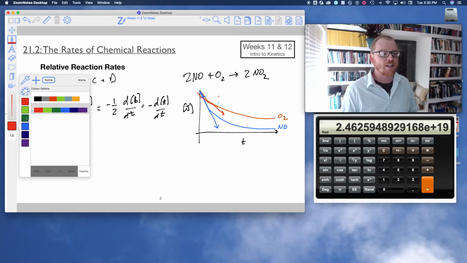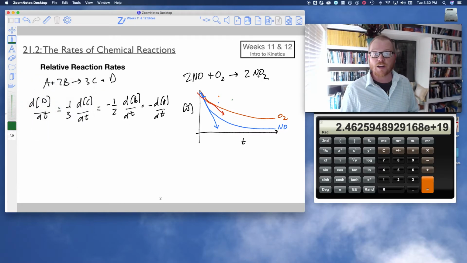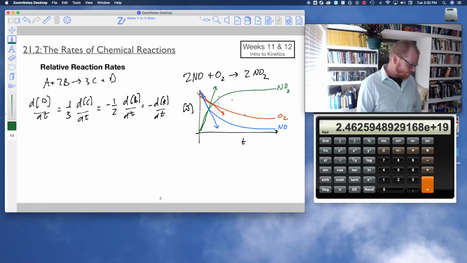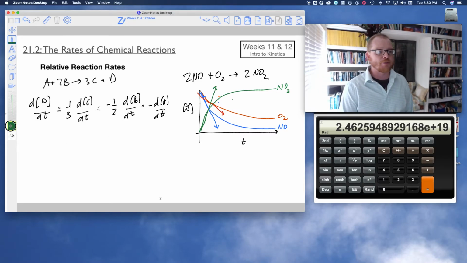And then correspondingly, for the product NO2, it will have the same rate as NO because of the coefficient of 2, assuming that I can draw those things being equal. But of course, they will be opposite in sign, okay? So that's the manifestation of relative rates versus absolute rates.